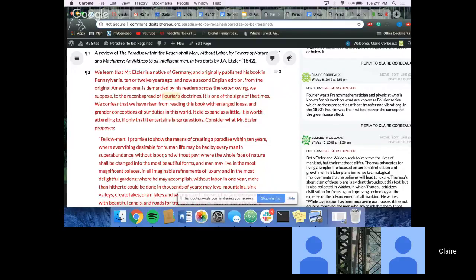Another bit of context worth thinking about, that I don't know if you encountered in your research, is that there was a very lively utopian movement going on in the mid-19th century, and some of Thoreau's acquaintances and friends were involved in it.